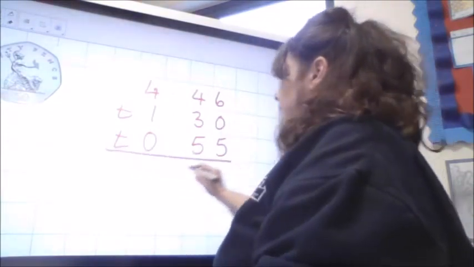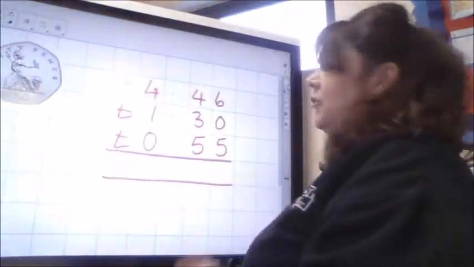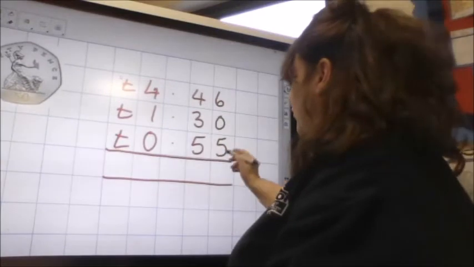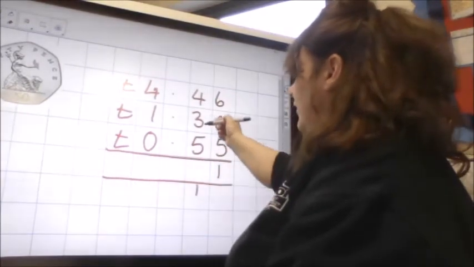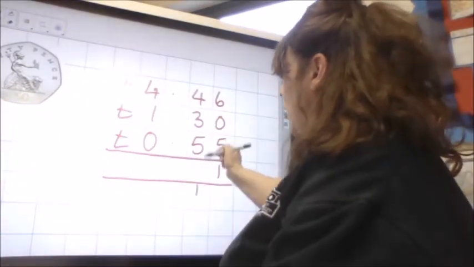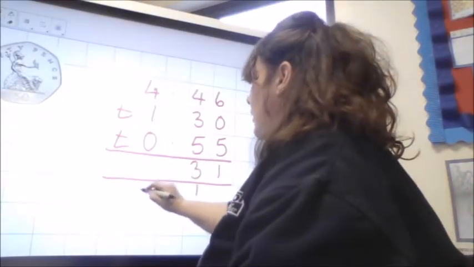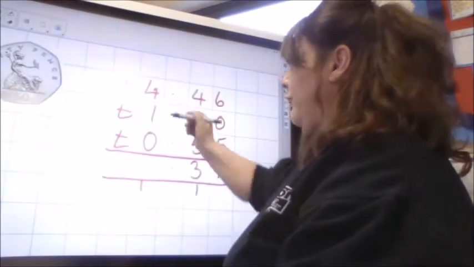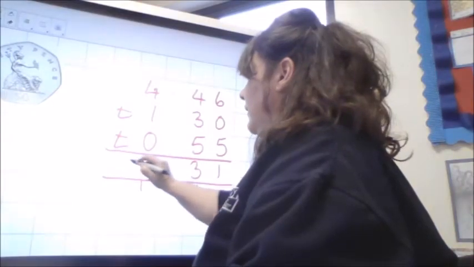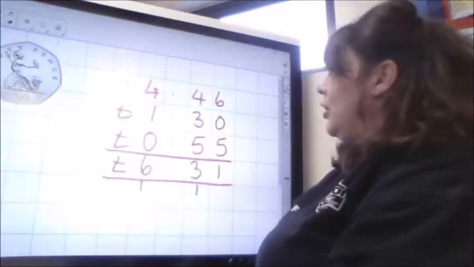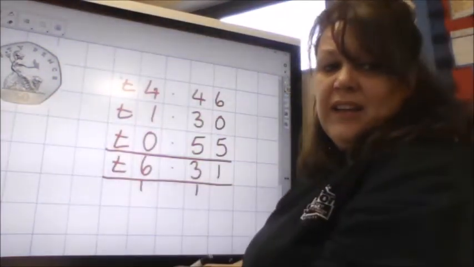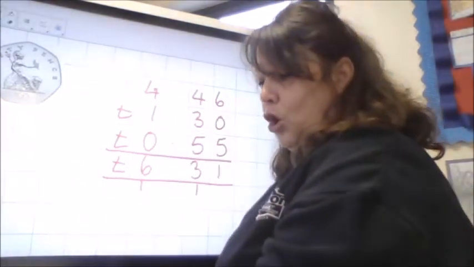So here, I do my addition. So 6 and 5 is 11. 7, 12, 13. Decimal point in. 4, 5, and 1 is 6. Okay, so my total there would be £6.31p.